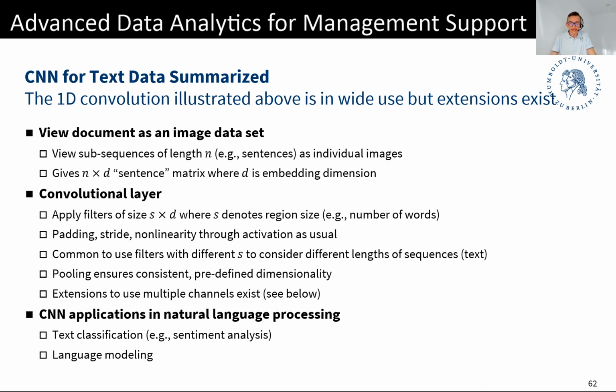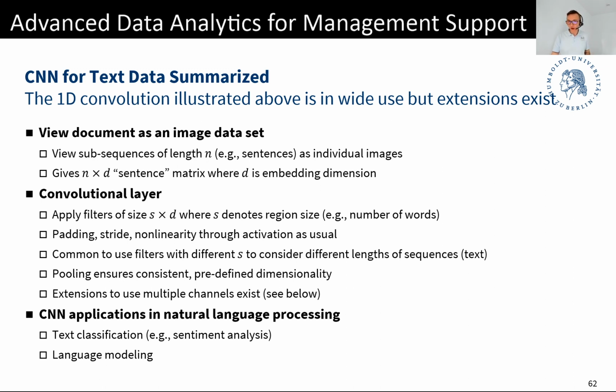So you really need this additional flexibility by having filters of different region sizes. And then you use pooling much more heavily compared to state-of-the-art image models, where you can basically achieve the same reduction of the image resolution just by not using padding. In NLP, we must use pooling to address the fact that our filters have different region sizes.